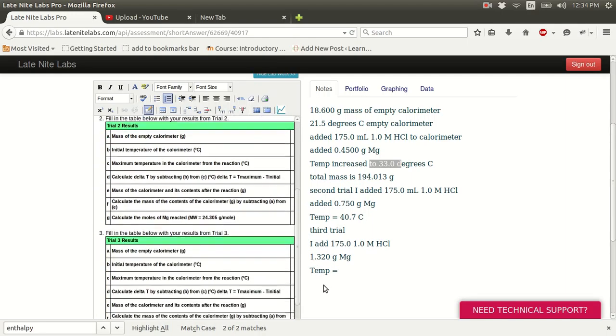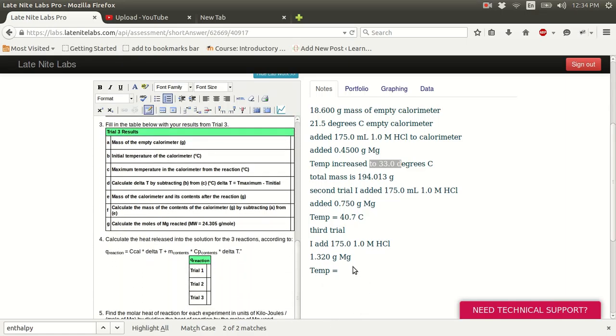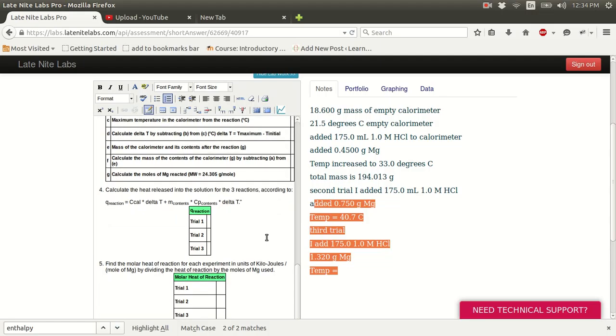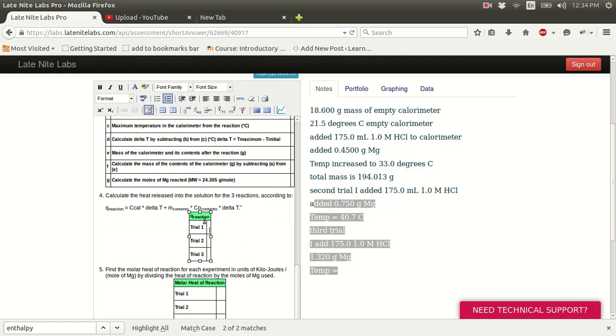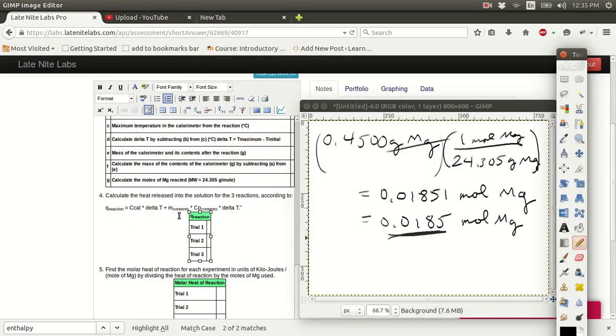Now I'm going to skip trial 2 and trial 3 because I forgot to get the masses after the chemical reactions. And now I'm going to calculate the Q. So now remember, the Q is, here, let me write that equation again for you.